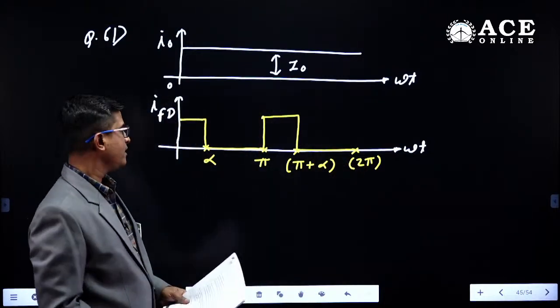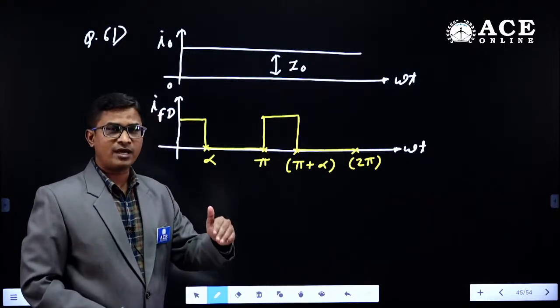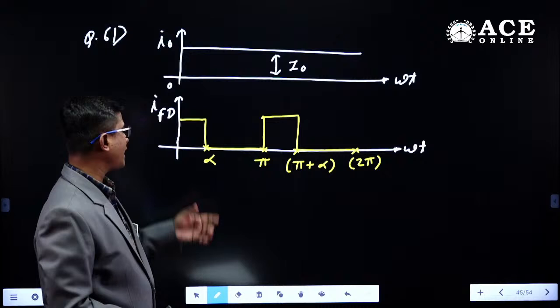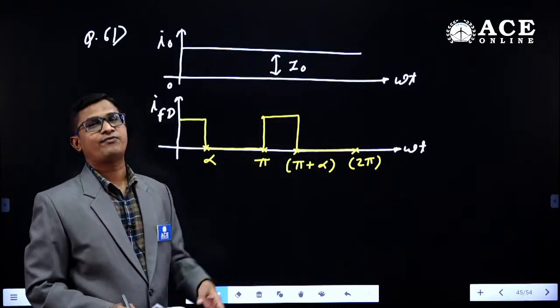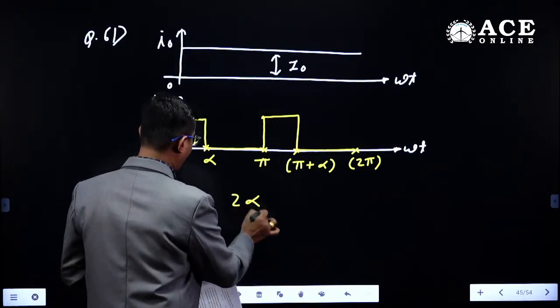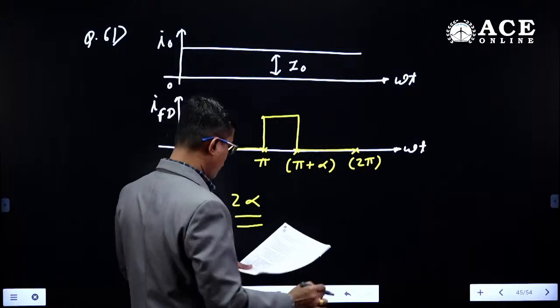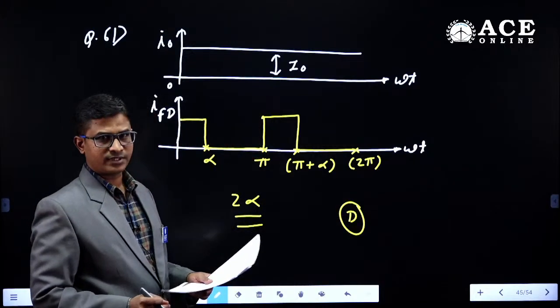So tell me, corresponding to one cycle of the input, for how much angle will your freewheeling diode be in conduction mode? This is alpha and this is also alpha, so it is 2 alpha. So therefore the answer is 2 alpha. If you check the options, option D is the correct option.